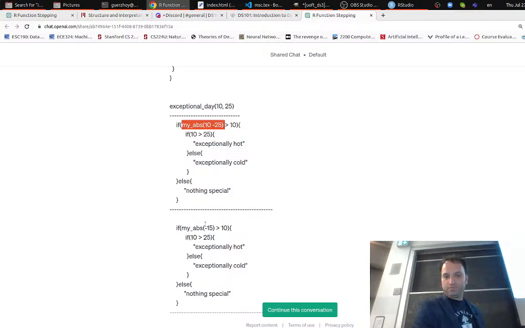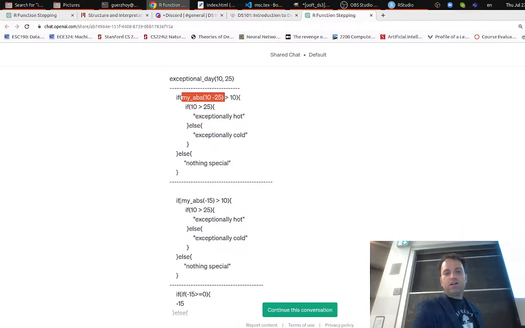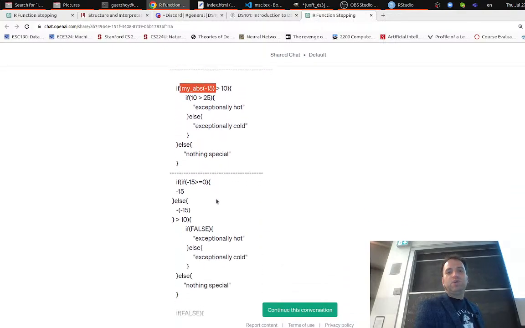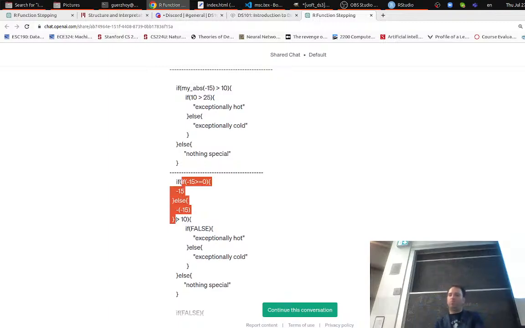So here, after it's my abs minus 15, this is the part where we plugged in my abs. So we just expanded it. What does my abs minus 15 mean? Well, it means this, right?